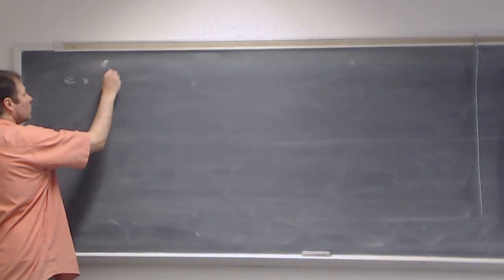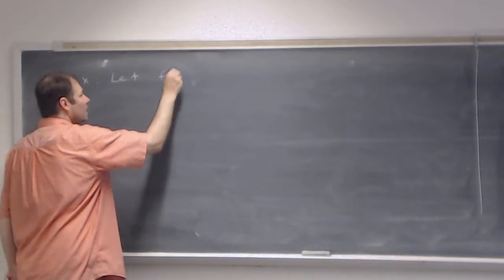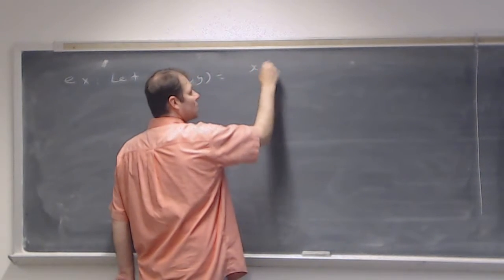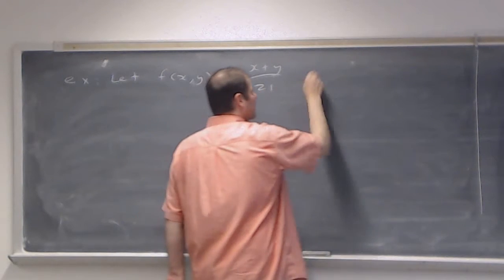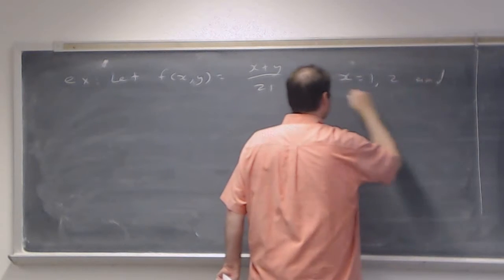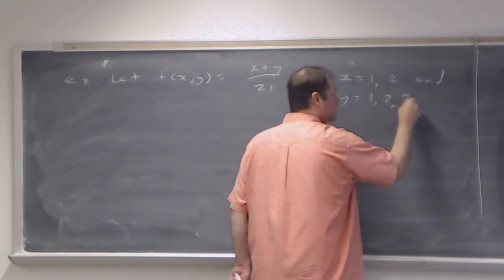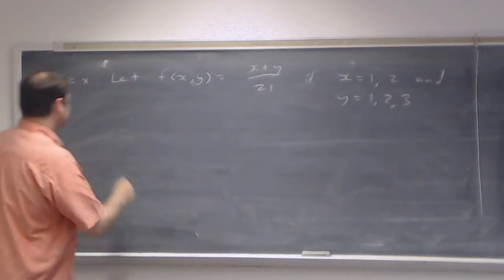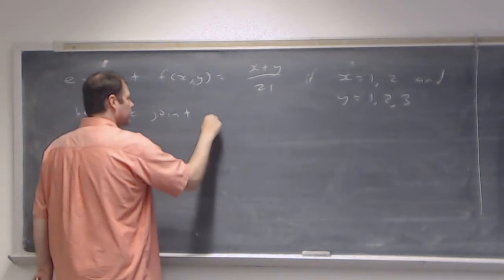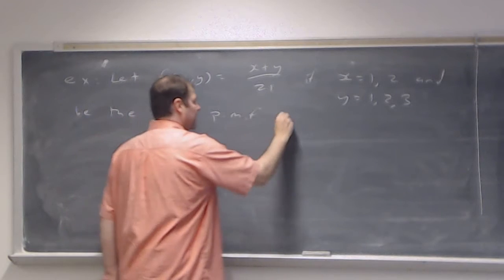So the discrete case example, the one we've seen before. We're going to let f of x comma y be equal to x plus y over 21, if x equals 1, 2, and y equals 1, 2, or 3. And that's going to be the joint PMF of x and y.